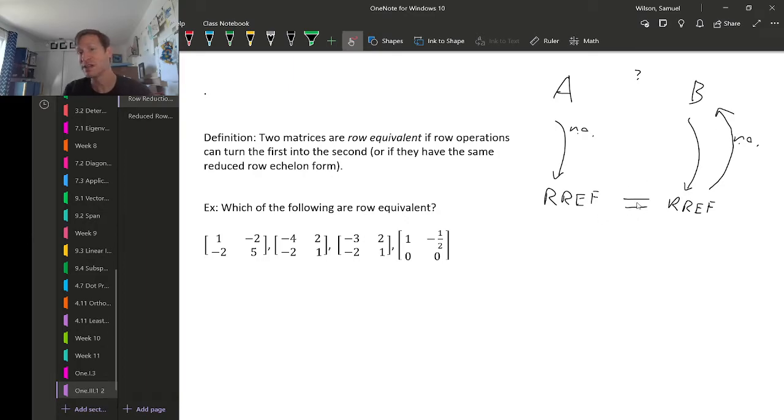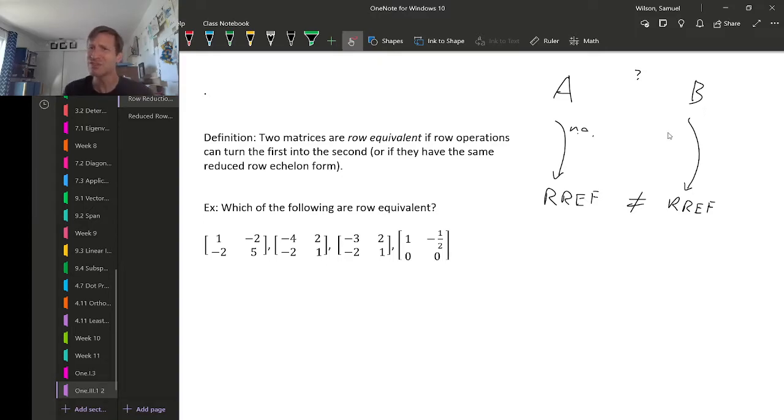Well, the other possibility is that these two reduced row echelon forms aren't the same. And if they aren't, we know that means these two matrices, if we interpret them as augmented matrices that represent linear systems of equations, represent systems that have different solution sets.